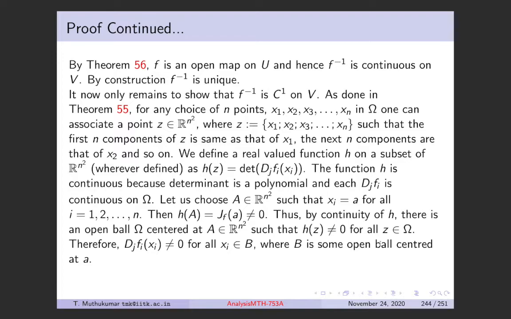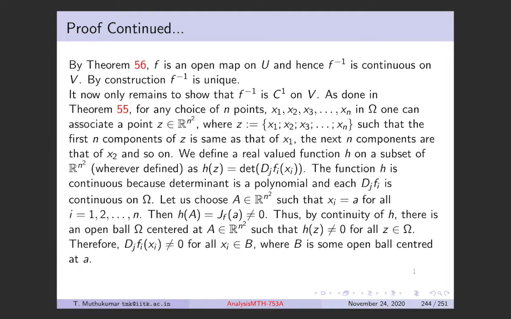So with the argument that we already gave in the previous lecture, if h of z is non-zero, that means this determinant is non-zero for all z, which means for all xi that you can choose, dj fi of xi is non-zero for all xi in B. More or less, you can think of B as the projection of that ball onto one of the copies of Rn, because R^(n squared) is Rn Cartesian product n times, right?